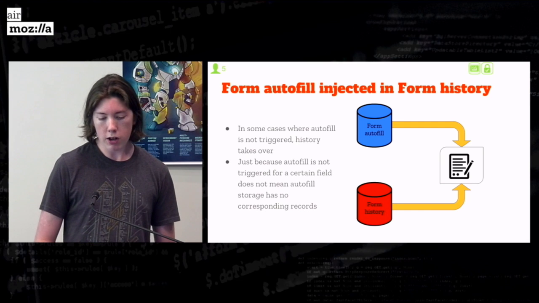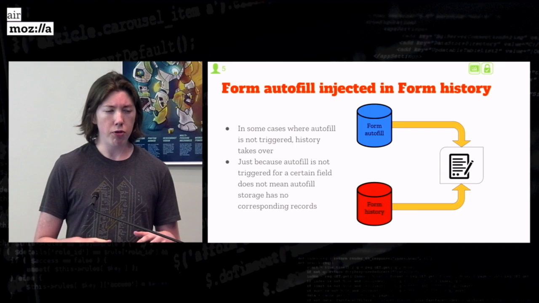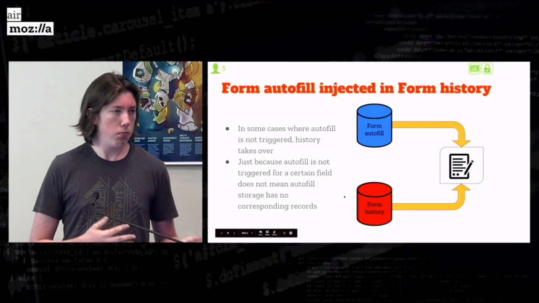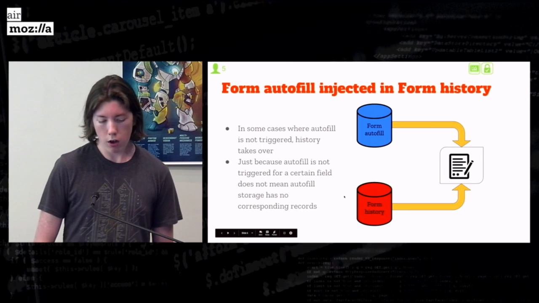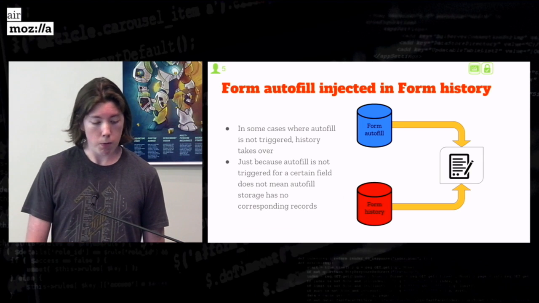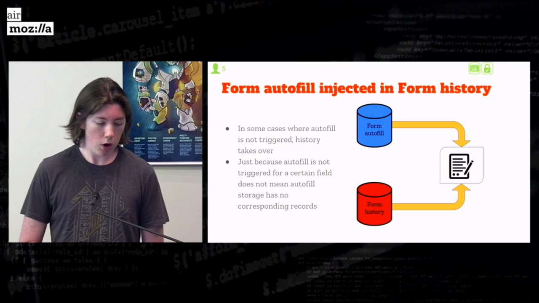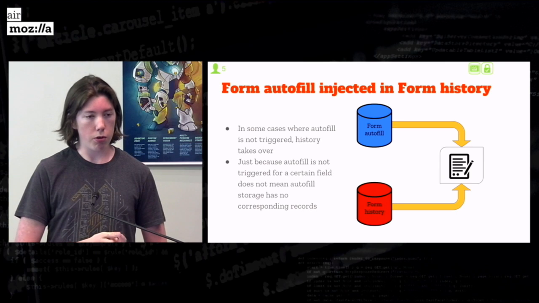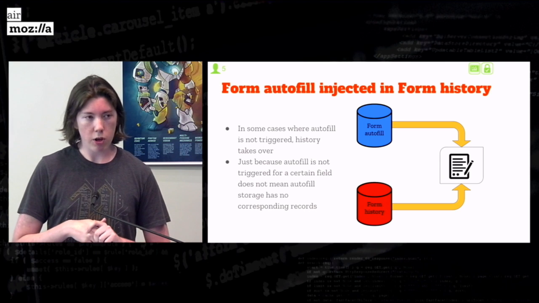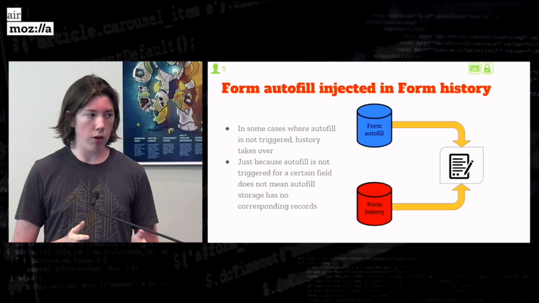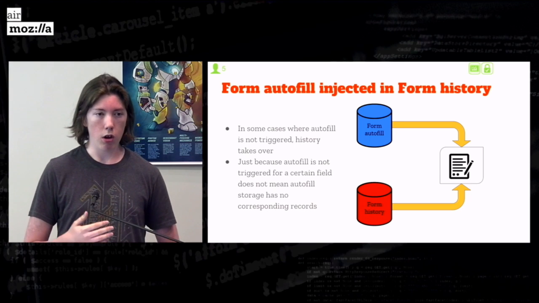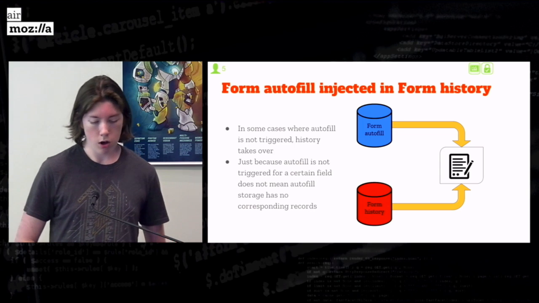What I did with that project: first I had to remove some logic which was in the SQL queries and port it to the JavaScript. The main part of the project, though, was to inject autofill storage into the form history results. In some cases form autofill will not run. There are many edge cases, and when that's the case, we want form history to take over.